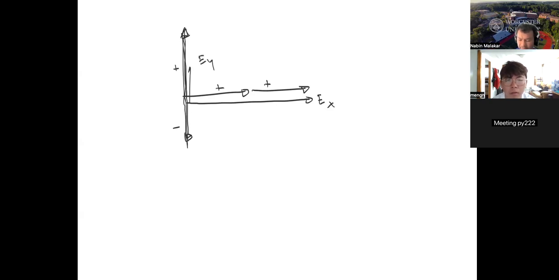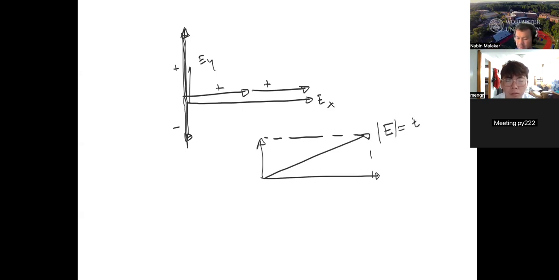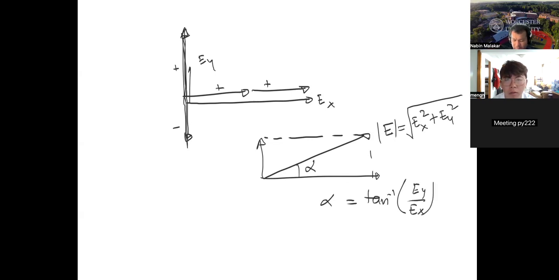Now you have Ex and Ey, and if you complete a parallelogram, you see that this is my vector E. That is Pythagorean, right? The magnitude of E is Ex squared plus Ey squared, and then take the square root. And what is that angle alpha? Angle alpha is given by SOHCAHTOA, tan inverse of Ey over Ex. So mathematically, that's how you do it, my friend.